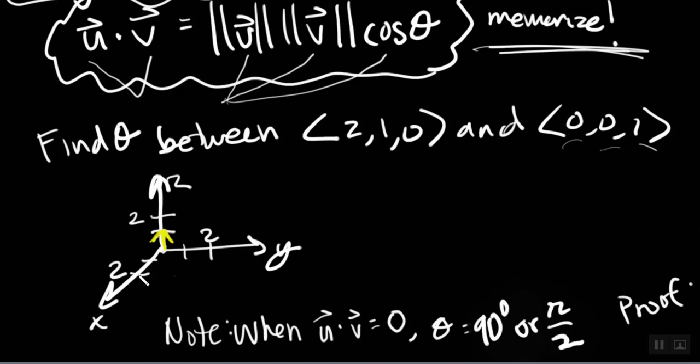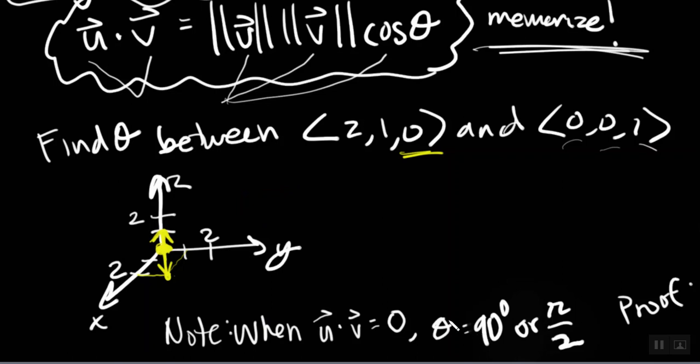So the x will be 2 and the y will be 1. And you won't be moving up and down because the z component is 0. So our second vector will be like that. And just to keep a note, I'm starting at the origin for simplicity, but you could technically start anywhere in the 3D space, but starting at the origin is the smartest choice in this case.